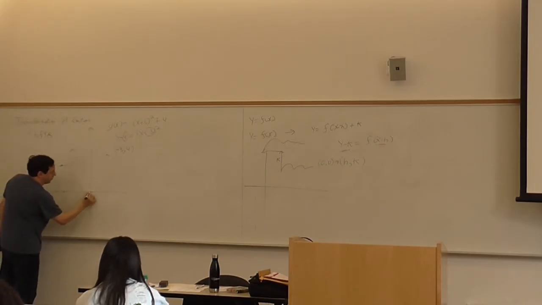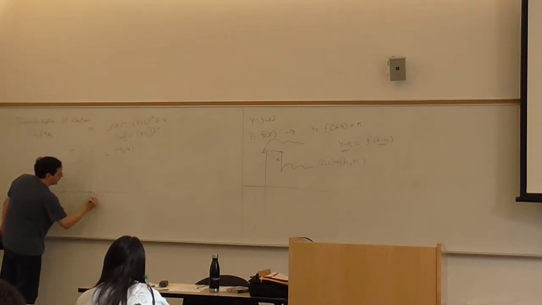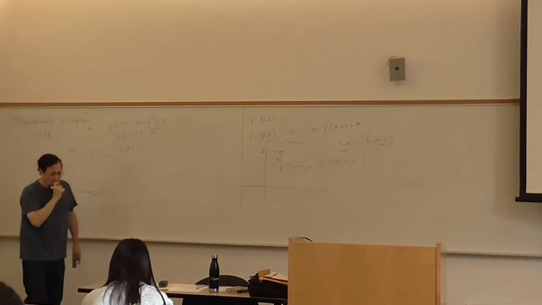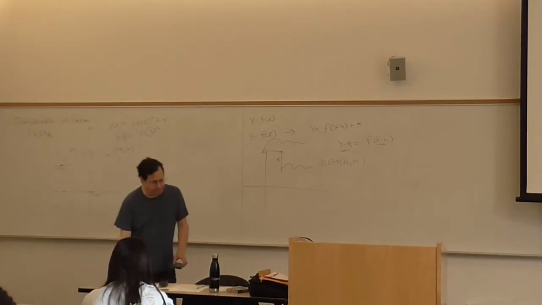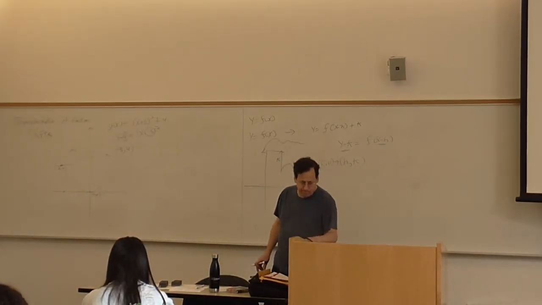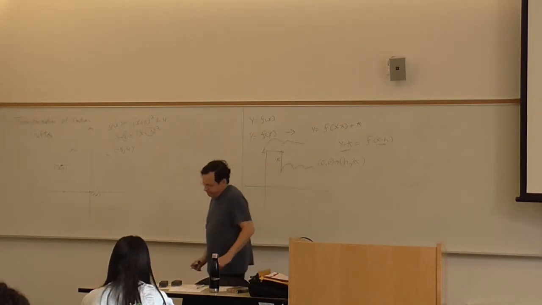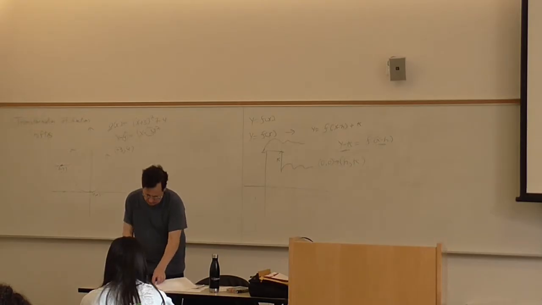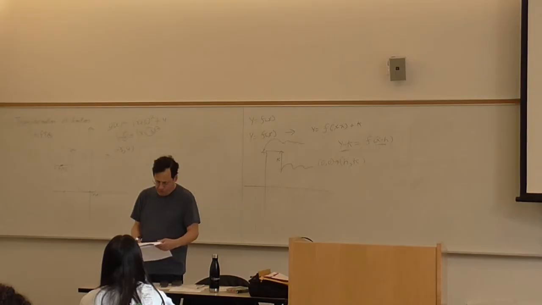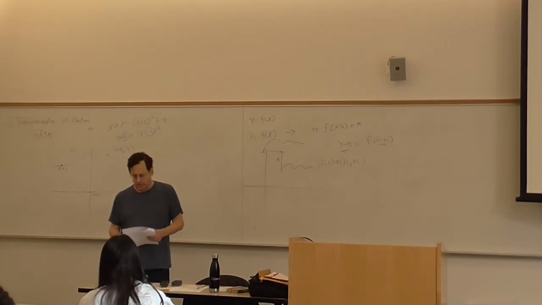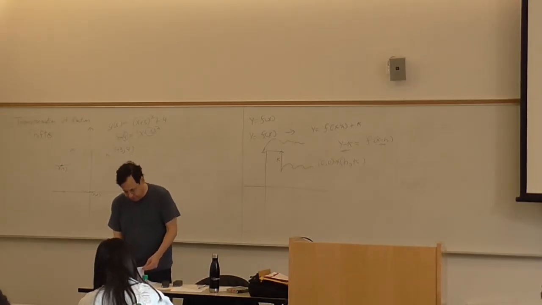Well, the vertex of the original was 0, 0, so the vertex here has to be minus 3, 4. All right, any questions about this? Okay.